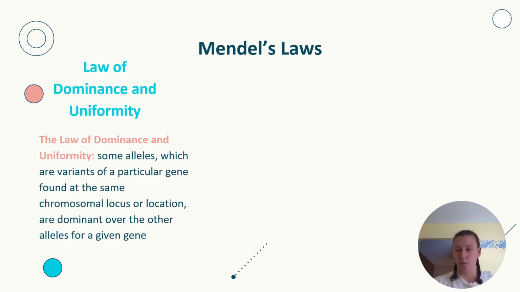If you have the allele for brown hair color and the allele for blonde hair color, which is the recessive trait, you will see brown hair. If you only have recessive alleles, you will see the recessive trait. But if the dominant trait shows up even if it's just one allele of the dominant trait, you will still see the dominant trait because it's dominant. And then the location thing we will discuss more as we work on meiosis. But it's basically just saying the gene that codes for hair color is always in the same spot.